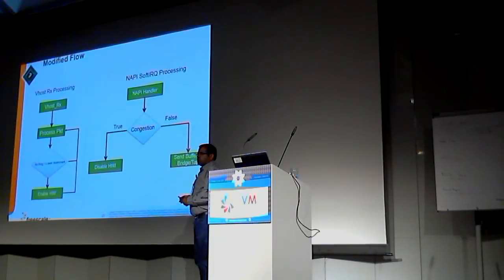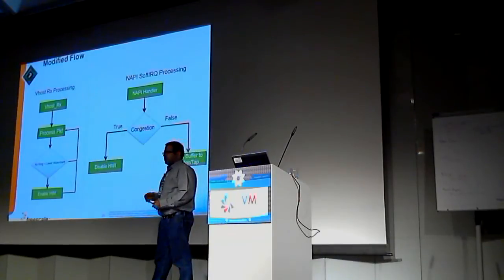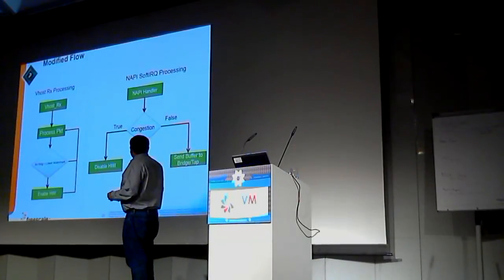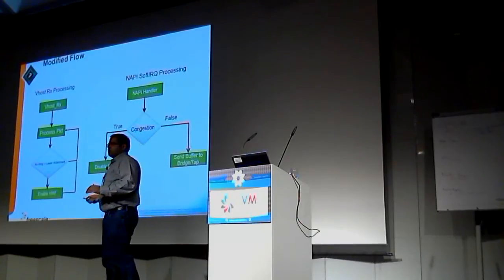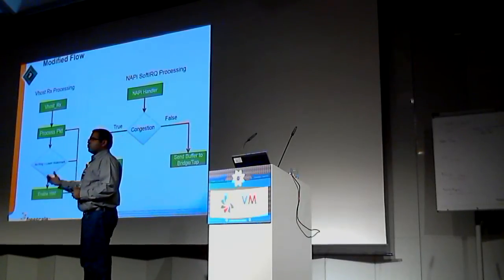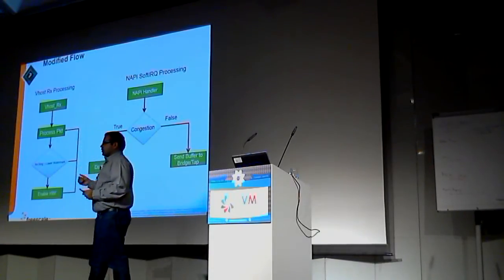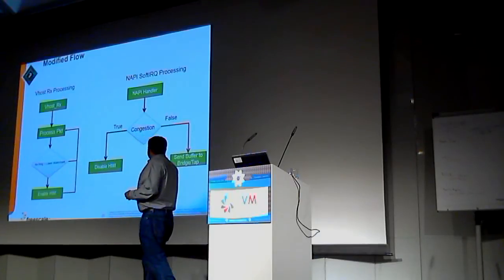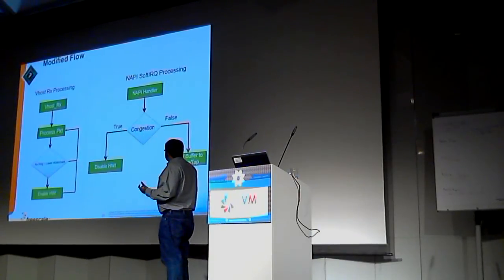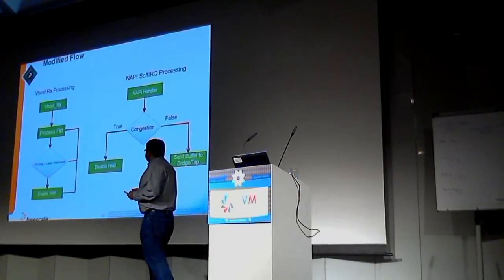Congestion was checked by the queue depth of the tap socket. If the tap socket was full, we simply disabled the hardware interrupt so that we could not receive any more packets, and we allowed the packets to be dropped at the hardware level itself for this particular VirtIO interface. And if there was no congestion, we continued to send packets forward.